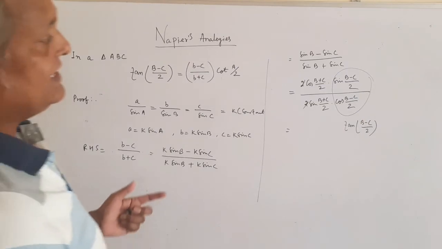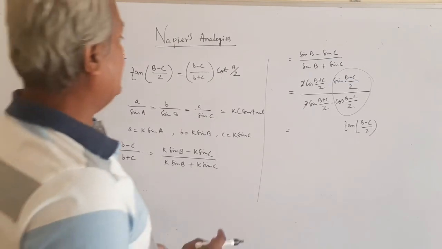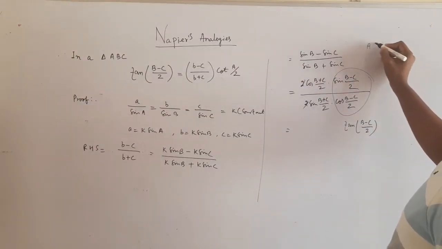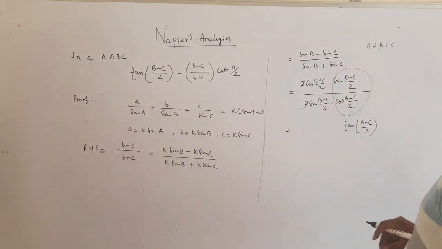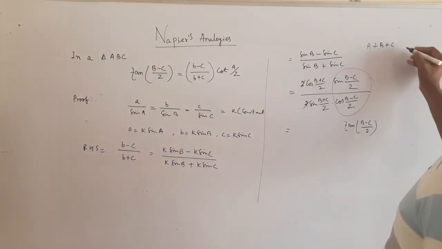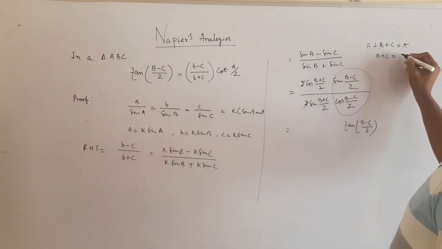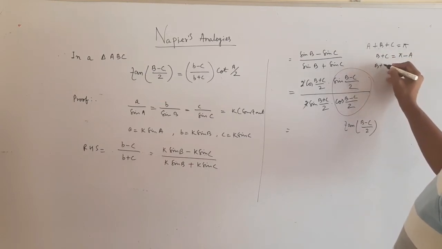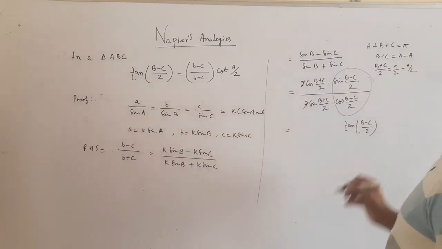Now we know that sine theta is cos theta if the angles are complementary. If you just pay attention, in triangle ABC, A plus B plus C is pi. So B plus C will become pi minus A, so (B plus C) by 2 will become pi by 2 minus A by 2.